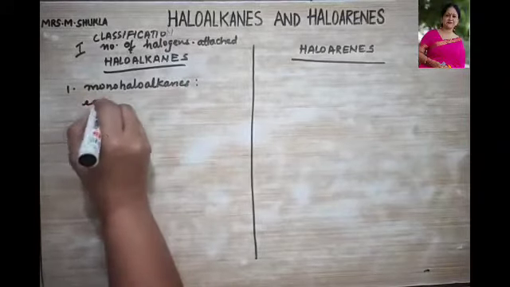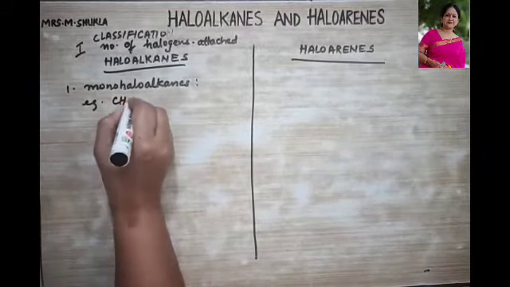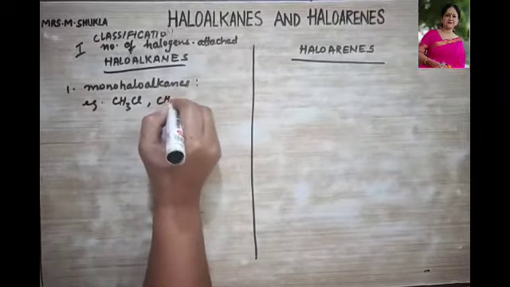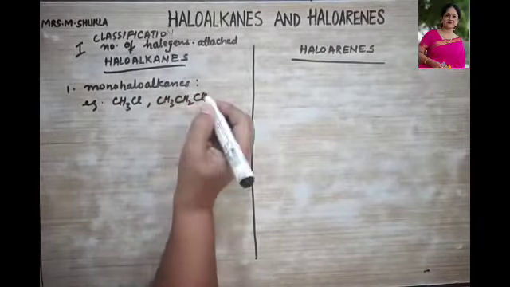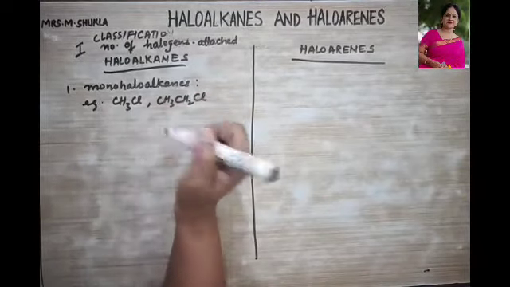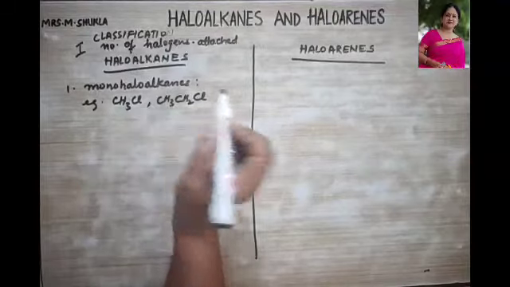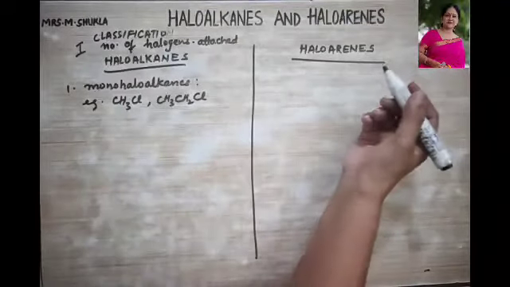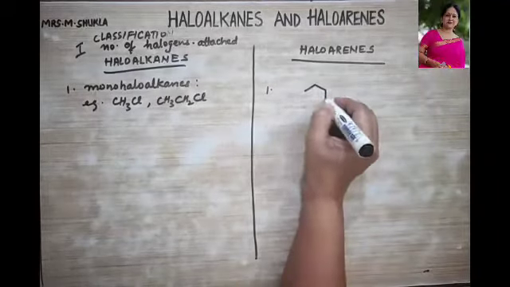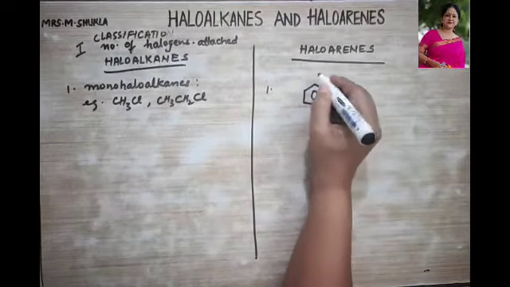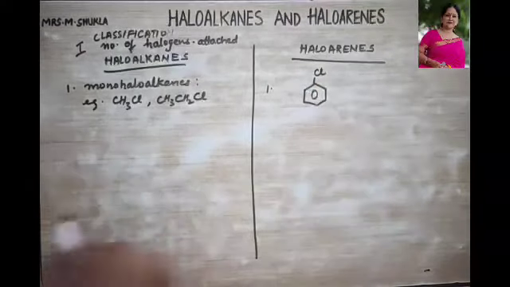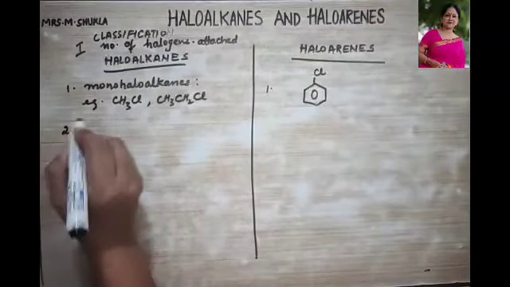For example, CH3Cl, or CH3CH2Cl. These are examples of monohaloalkanes. Similarly, we have monohaloarenes. For example, we remove one hydrogen from the ring and a chlorine is added.